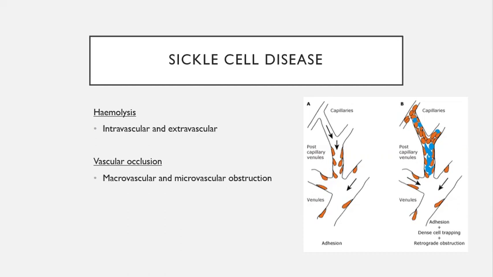The picture in panel A on the left shows adhesion of the sickle cells to the vascular endothelium in the post-capillary venules. And picture B on the right illustrates subsequent trapping of denser cells in the partially obstructed venules, followed by retrograde obstruction. It used to be thought that vessel obstruction can only occur in small capillaries, but studies in animal models have shown that larger vessels may also be affected.